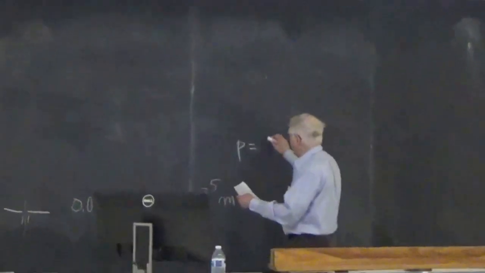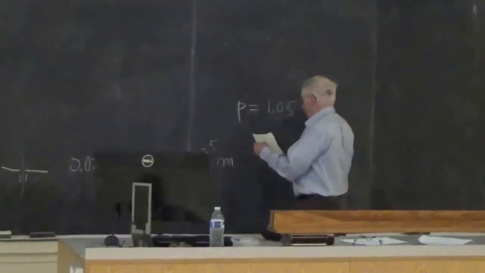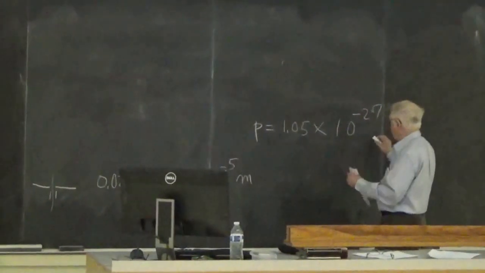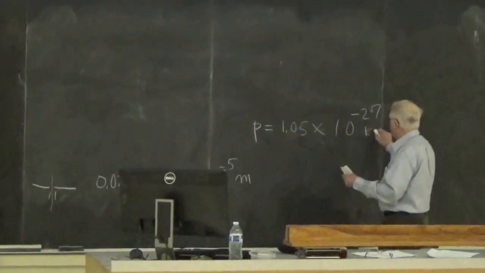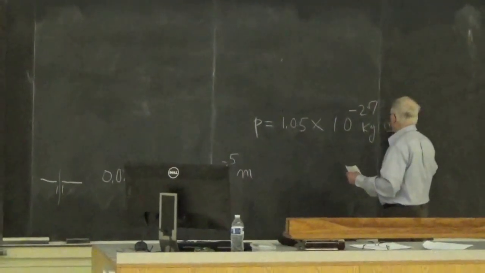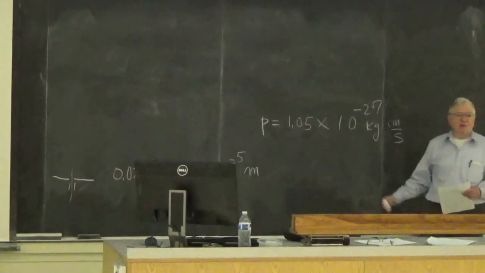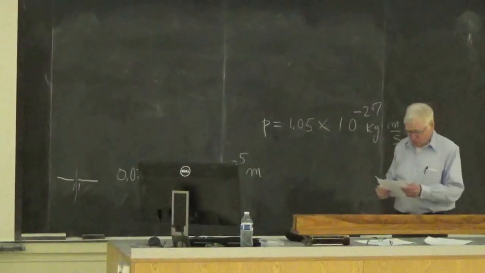So the momentum of each photon is about 1.05 times 10 to the minus 27 kilogram meters per second. So that's mass times velocity, mass times speed. That's momentum.